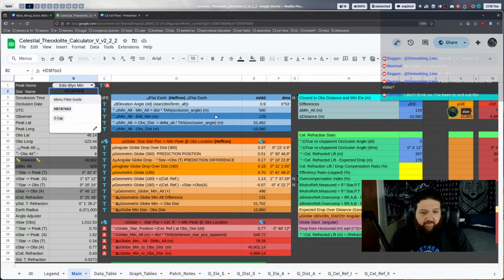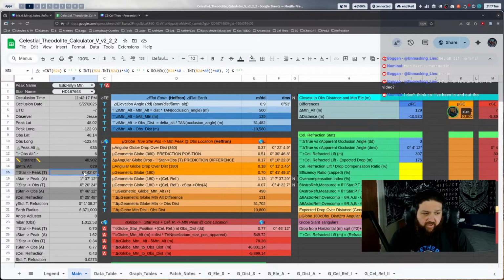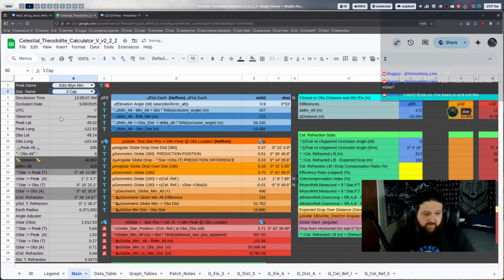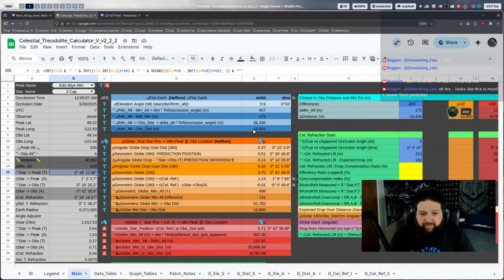And on top of that, it occluded at 42 arc minutes, right? Now, same mountain peak, same distance, but changing the elevation, the occlusion angle is now 38. Now we're off by that 5,000, but there was 14 arc minutes of refraction that caused that lingering, so that separation from our actual position.